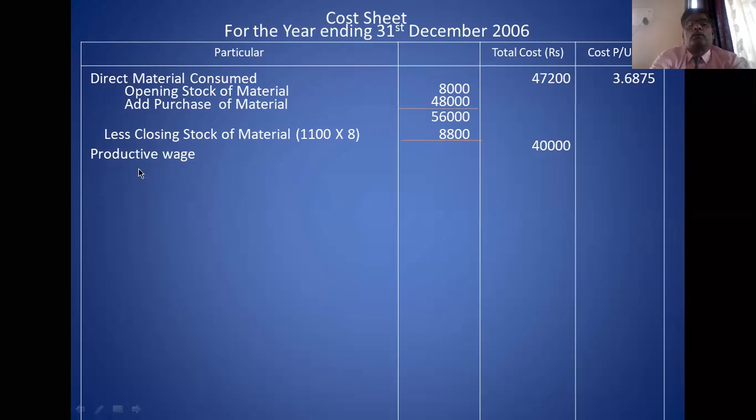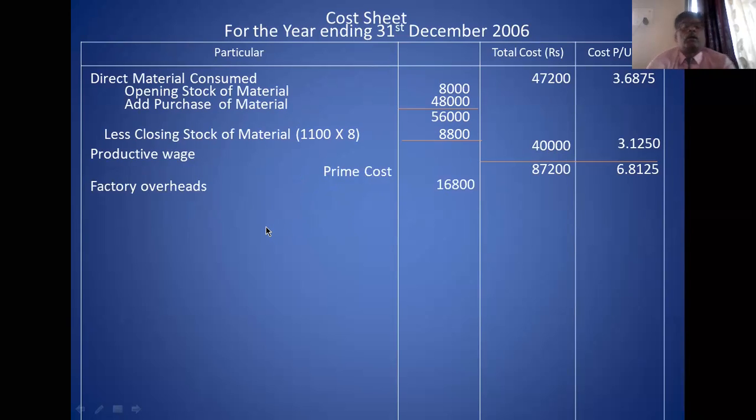Then productive wage, which means direct wage, 40,000 divided by 12,800 is 3.125 per unit. Take the total: 87,200, and per unit is 6.8125. This is prime cost.